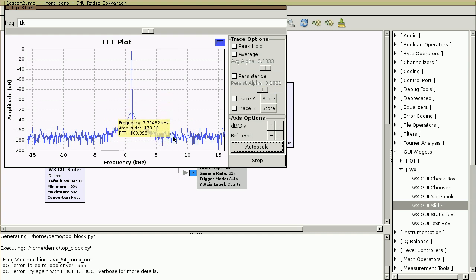Like if we used an 8-bit byte to represent every sample, this noise floor would be much higher. If we use a 16-bit integer, then the noise floor would be somewhat lower than that. With a 32-bit float, the noise floor is way down here, where we see all of this garbage around negative 170 dB. Can you think of a way that we might make that noise floor even lower?